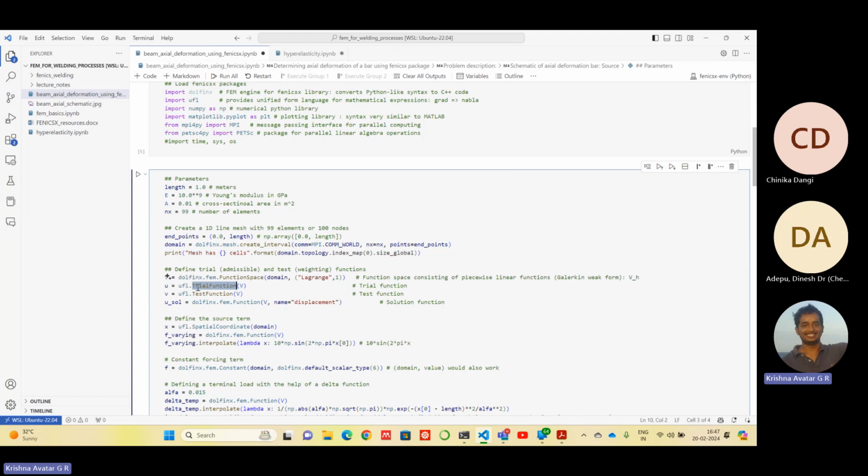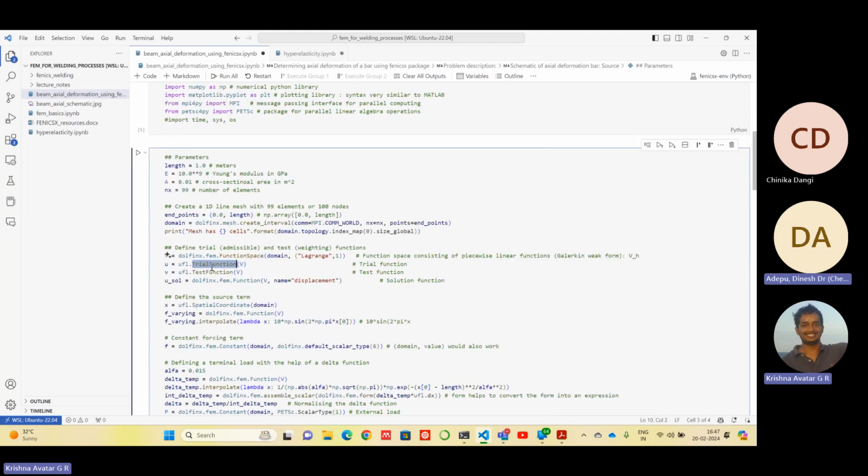So u is equal to UFL dot TrialFunction, and likewise v is equal to UFL dot TestFunction. Which means we have defined both trial and test functions.